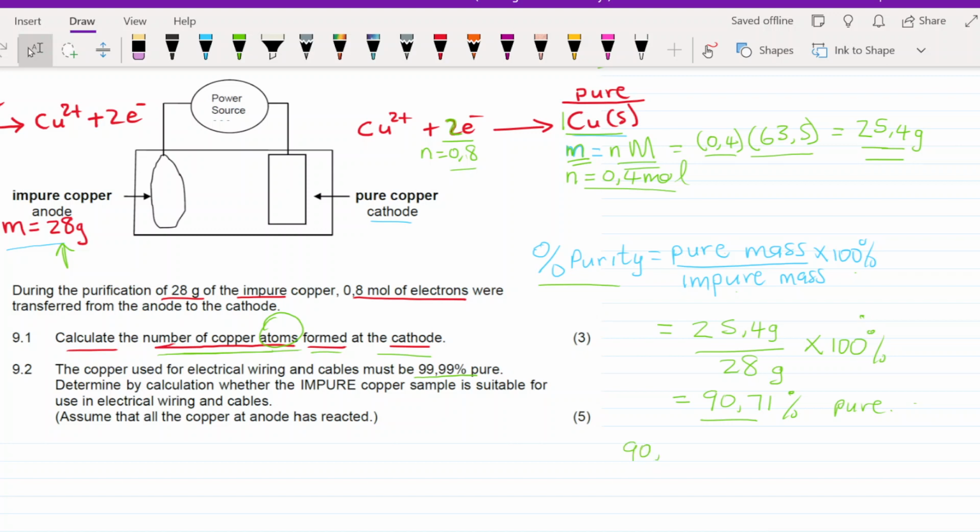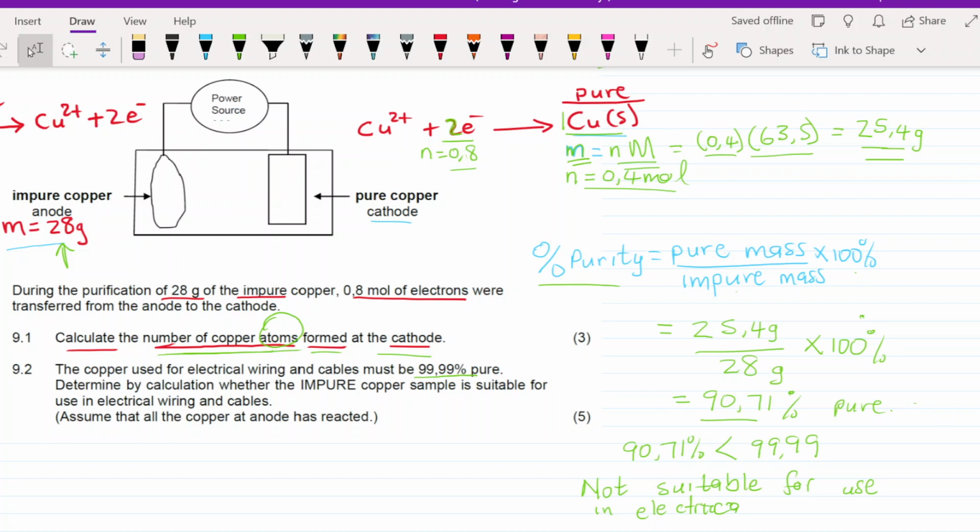So 90,71% is less than 99,99. So that means that it's not going to be suitable for use in electrical wiring.